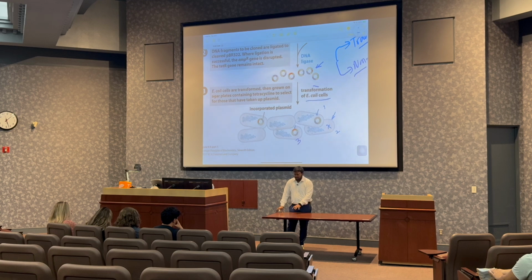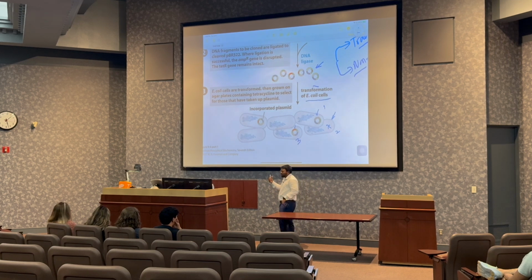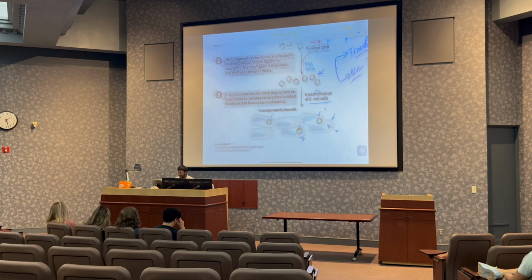Whichever has the ampicillin resistance gene will be able to survive on those plates. If they do not have an ampicillin resistance gene, they will die, and you will see there are no bacterial colonies on your plate. Makes sense? So we are using two different antibiotics here, ampicillin and tetracycline, but they are resistant towards tetracycline.